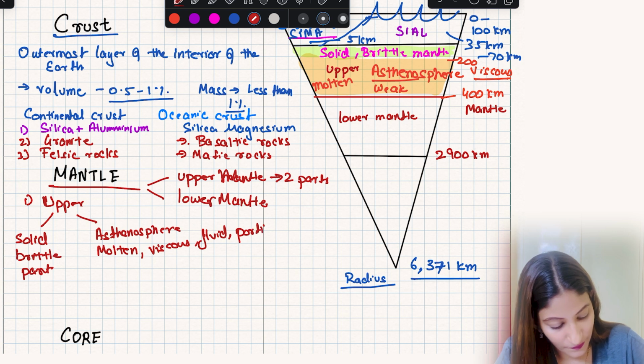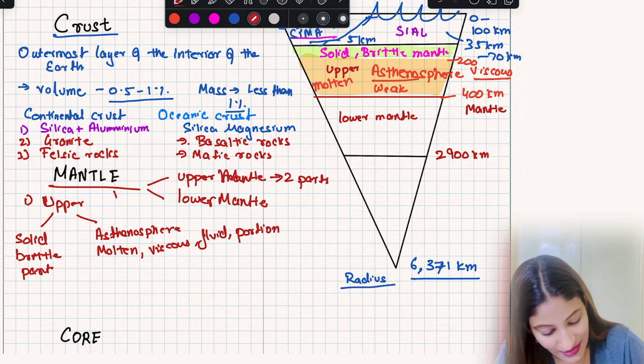It extends up to, as I have told you, 2900 kilometers.